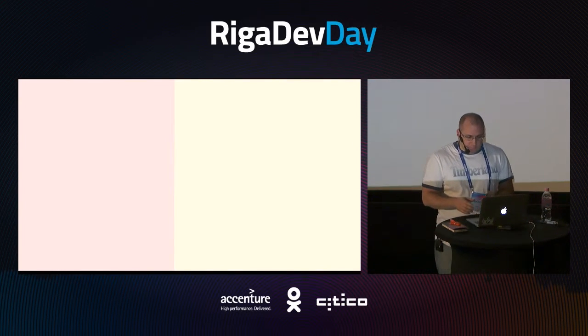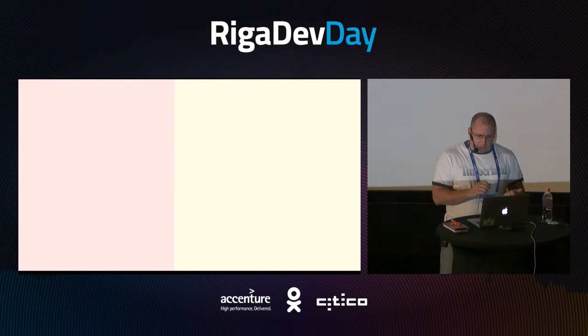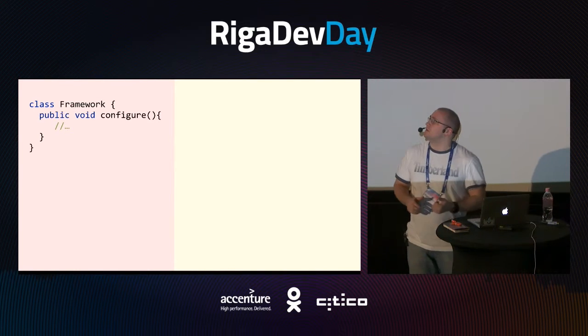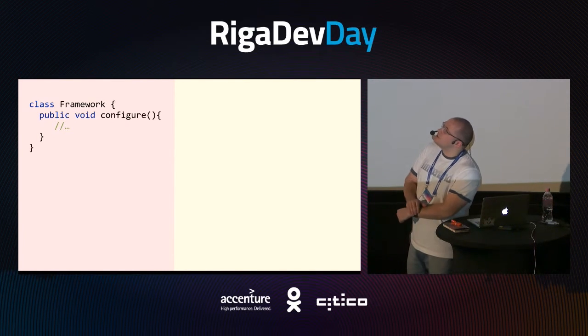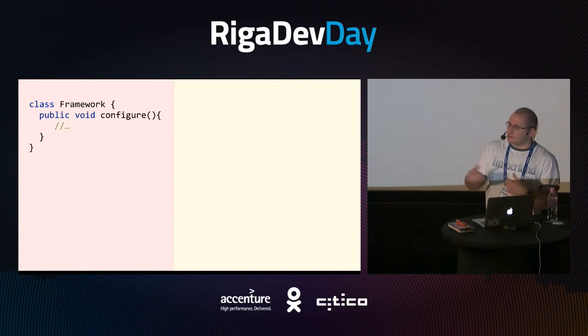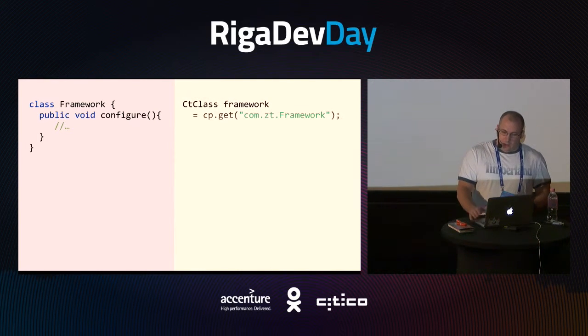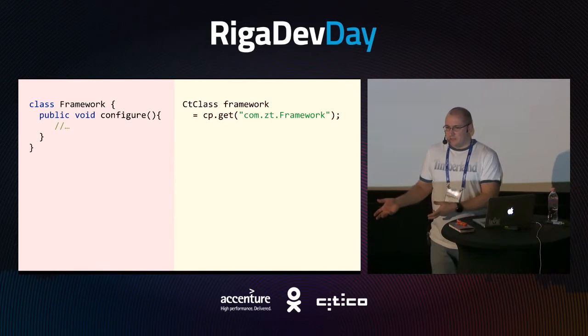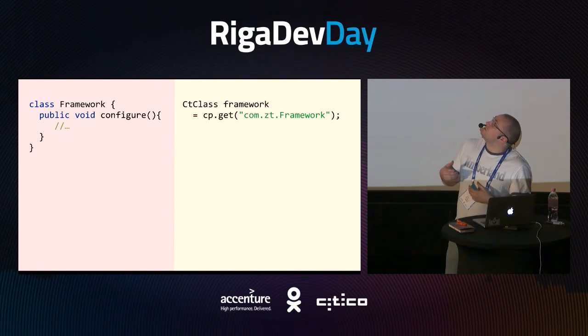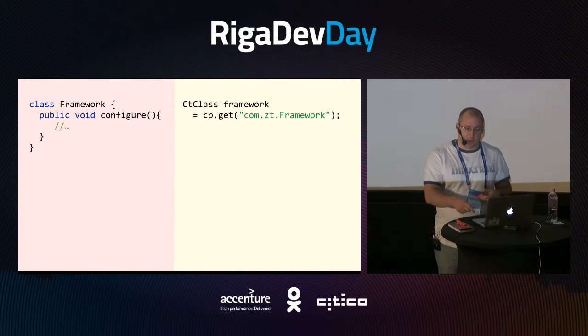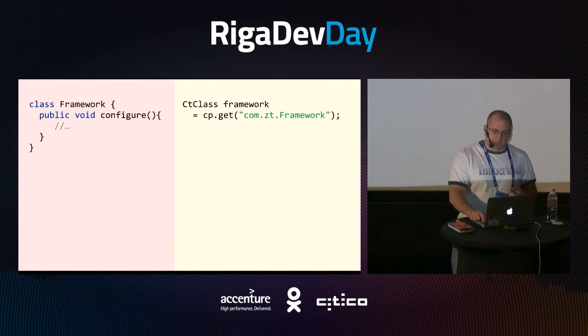So just to explain how the process works. For instance, you have a very fancy framework that does some kind of configuration. When it starts, it configures itself, reads in some kind of metadata and so on. To get access to that one, again, we can use ClassPool, load in the class representation, and do all kind of manipulations.